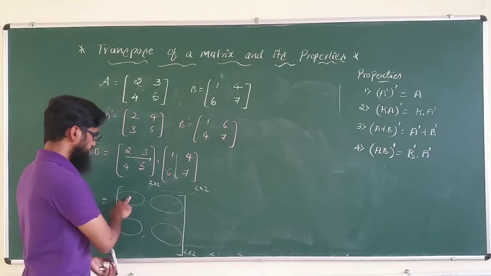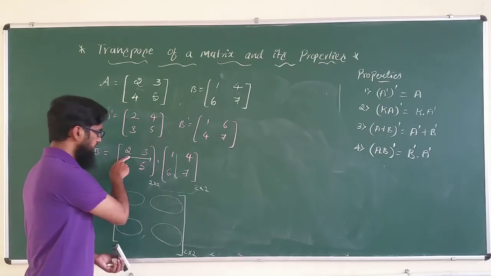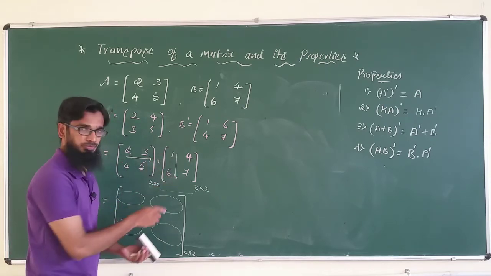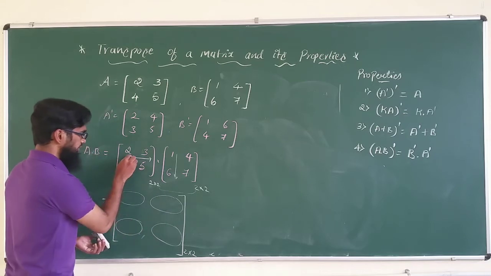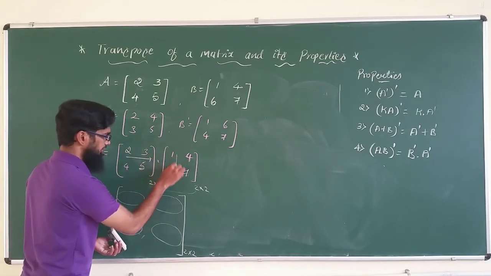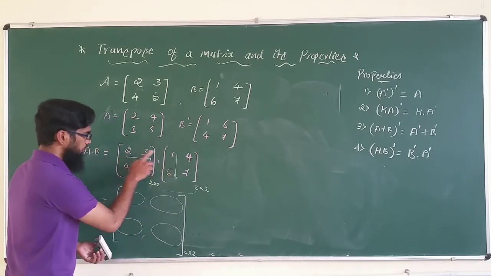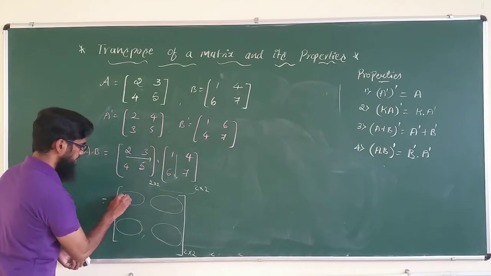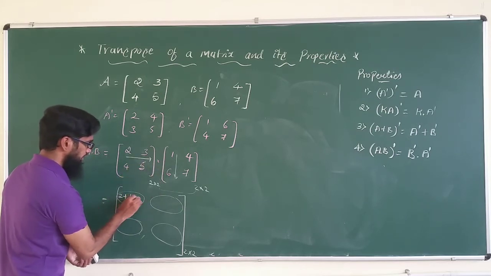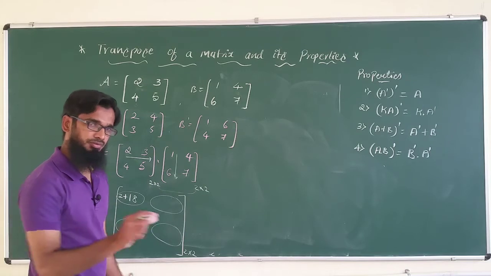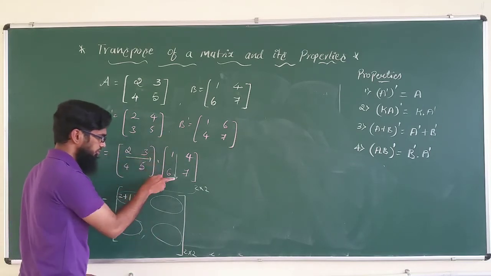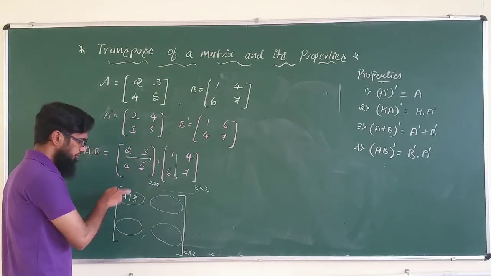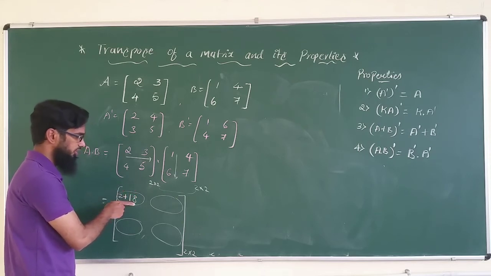In the first place we take the first row and first column: 2 ones are 2 plus 3 sixes are 18. That completes the first row, first column element.